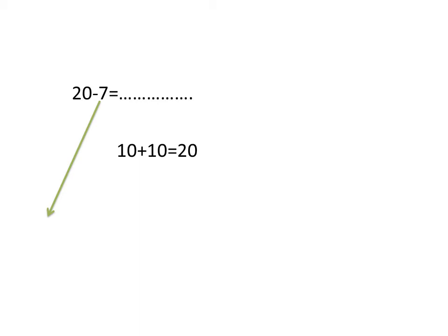Now how much do we need additionally? Mentally we can subtract 7 from 10. How much do we have more? Yes, very good. We have 3 more, right? This 3 we are going to give to the second 10.